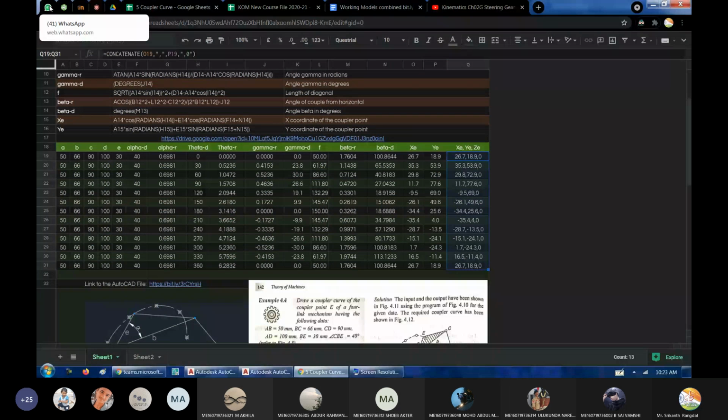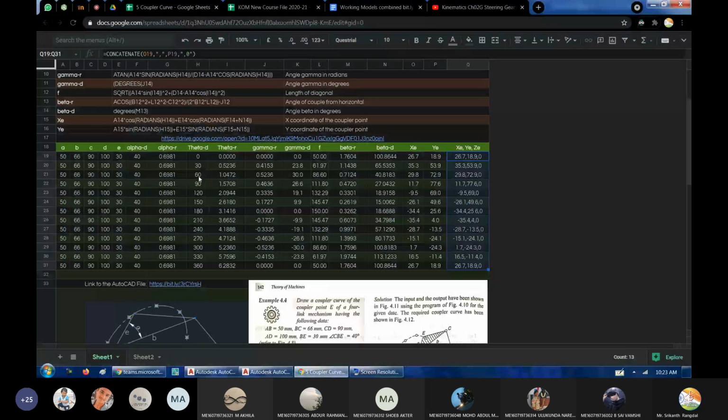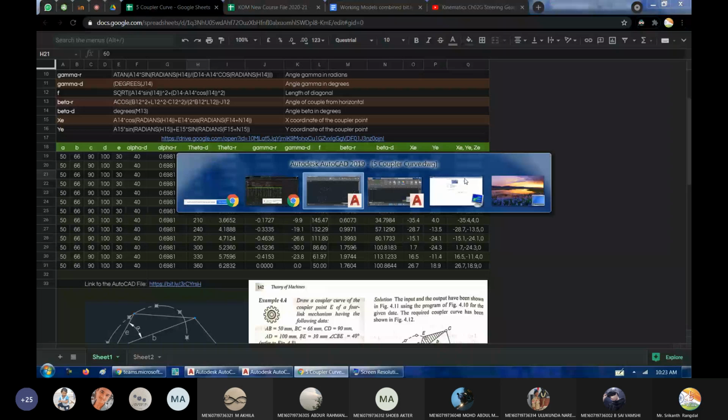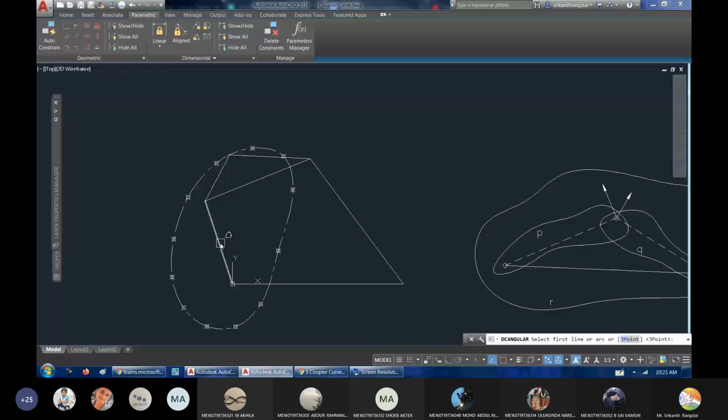Each of these points is created from those coordinates. If you want me to confirm this, I'll confirm for one particular angle. Let's take 60 degrees, and I'll go to parametric dimensions, angles, and make this 60 degrees.